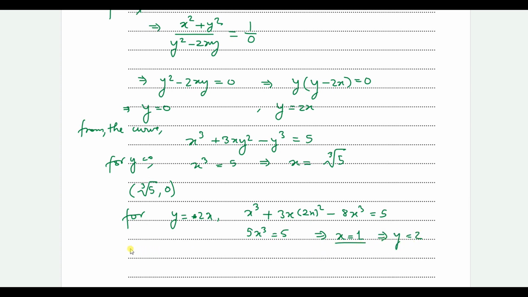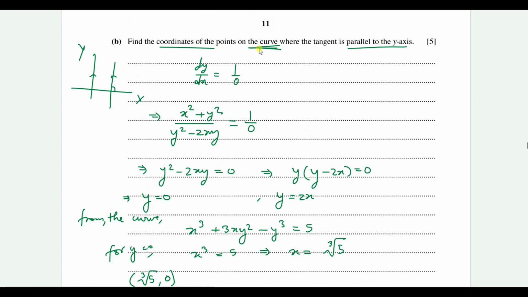So the coordinates of the points for which the tangent to the curve is parallel to the y-axis are (1, 2) and (cube root of 5, 0).